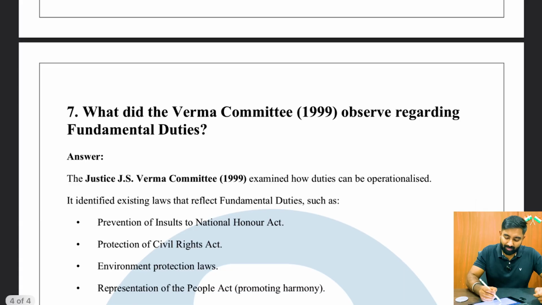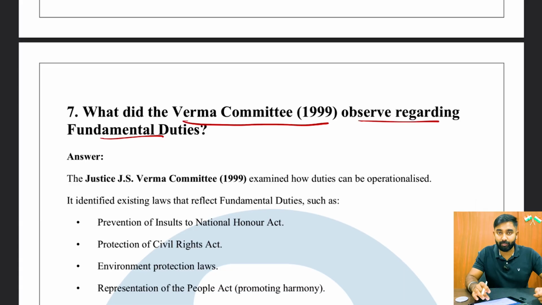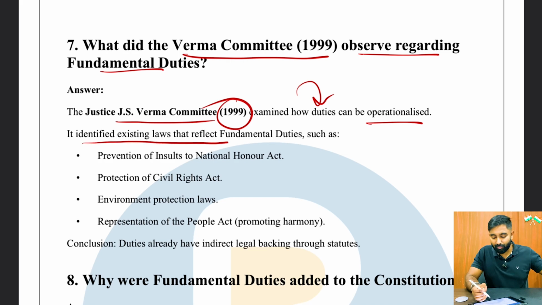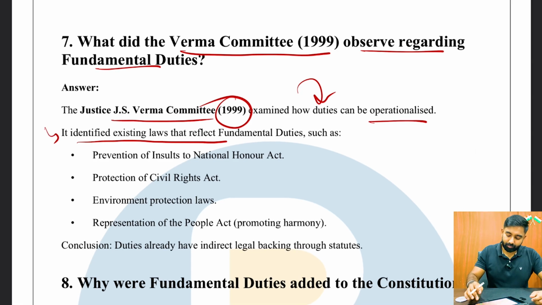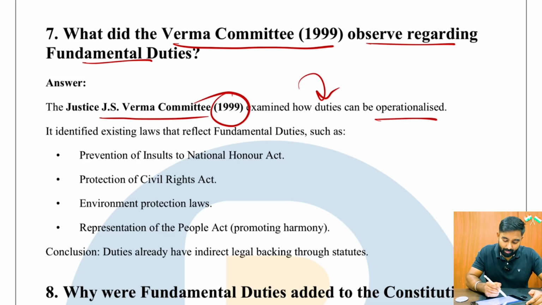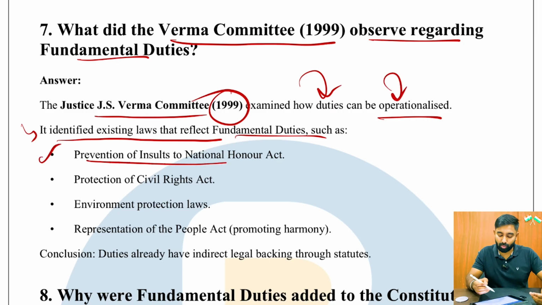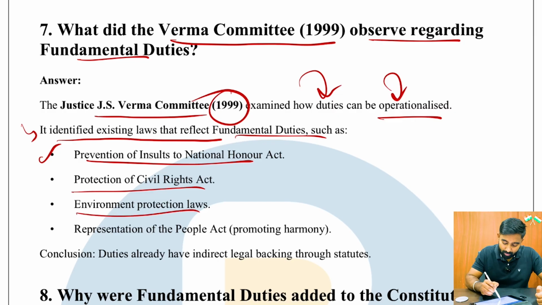Next question: what did the Verma Committee 1999 observe regarding fundamental duties? Well, the Justice J.S. Verma Committee 1999 examined how duties can be operationalized, and it identified existing laws that reflect fundamental duties. So, first is the Prevention of Insults to National Honor Act, the Protection of Civil Rights Act, Environment Protection Laws, and the Representation of the People's Act.